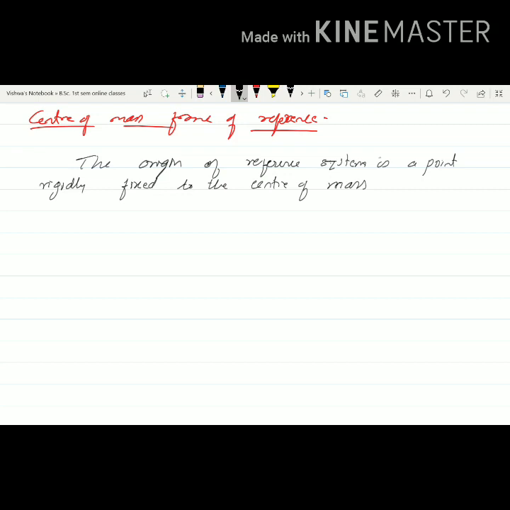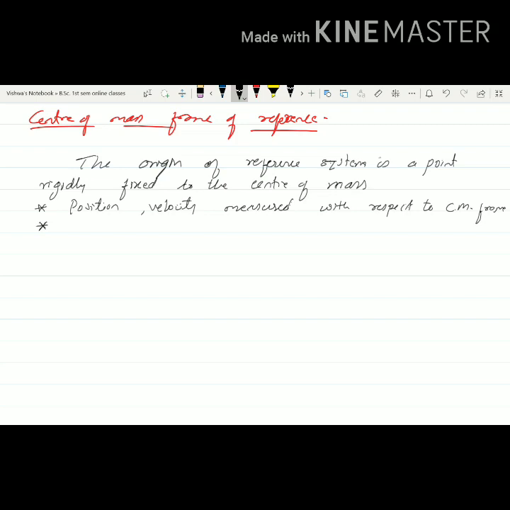Then the position and velocity are measured with respect to the center of mass frame. Here the position and velocity are all measured with respect to the center of mass frame. And here the total momentum before collision is equal to that after collision, but here there is a restriction that the momentum of the center of mass is 0.